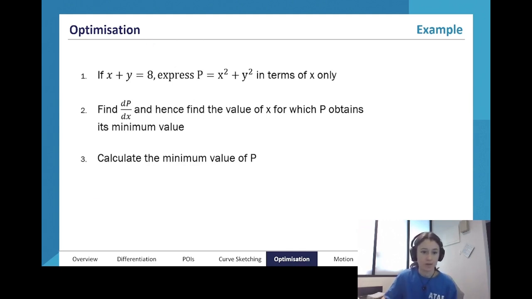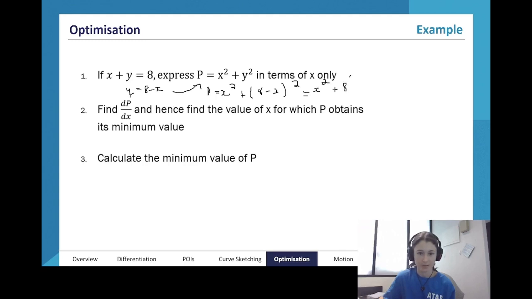So in here we know that y is going to be equal to 8 minus x. So we can sub this into here, which is going to give us P equals x squared plus (8 take x) squared. Now we can simplify this a little bit. We're just going to use our binomial expansion.